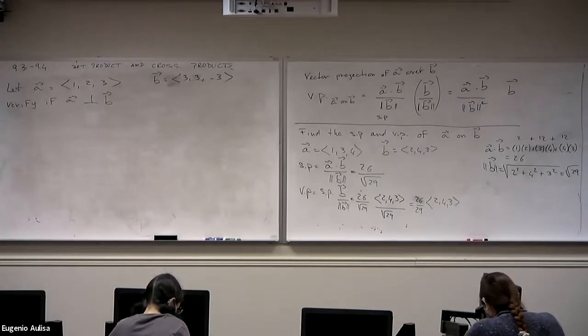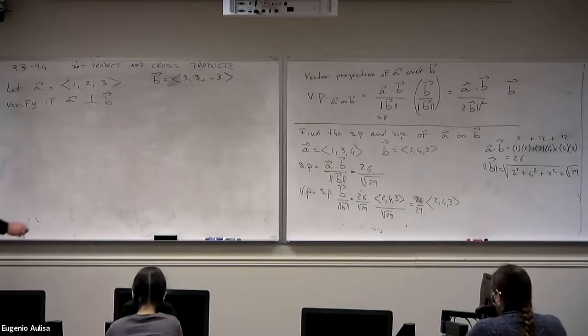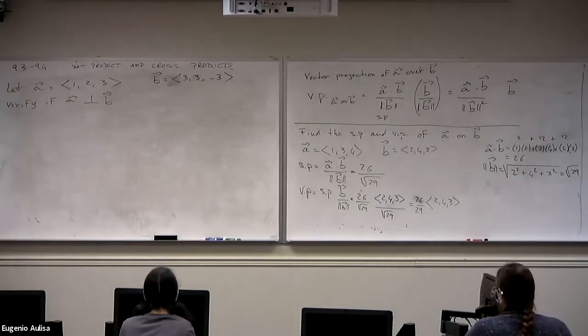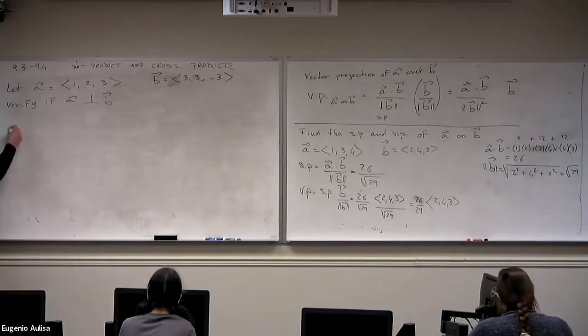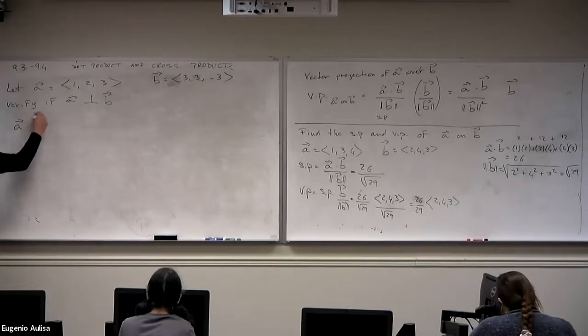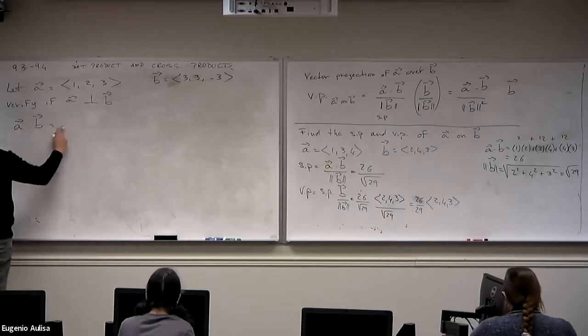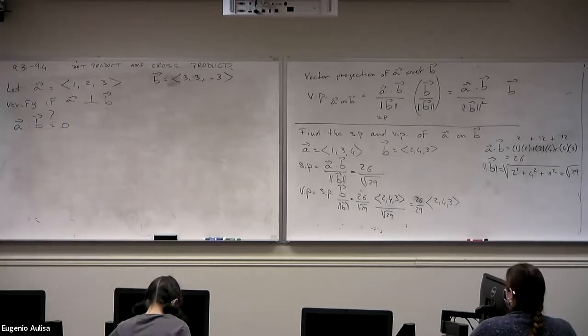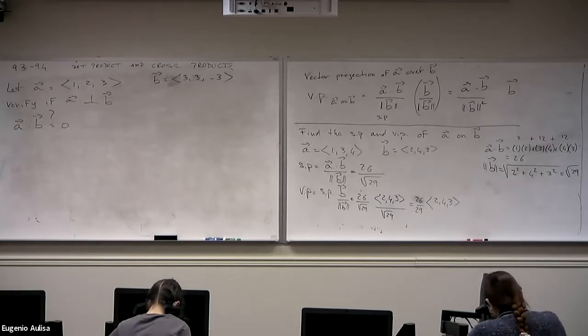So, what is the test that we do? A and B are orthogonal to each other. What is their dot product? We need to verify if this is equal to 0. Right? This is the condition that two vectors are 90 degrees to each other.